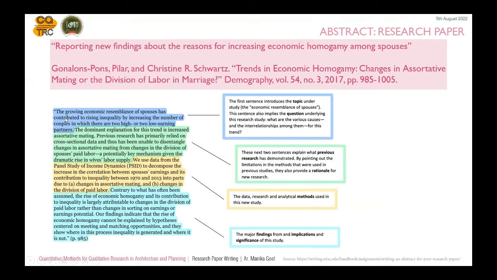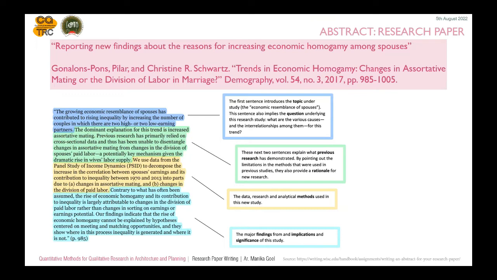The first line says that the growing economic resemblance of spouses has contributed to rising inequality by increasing the number of couples in which there are two high or two low earning partners. This statement introduces the topic and implies the question which the study is trying to address. The second, the green color, says that the dominant explanation for this trend is increased assortative mating.